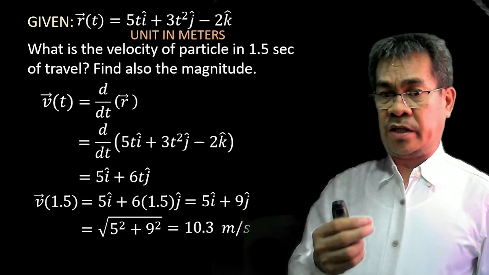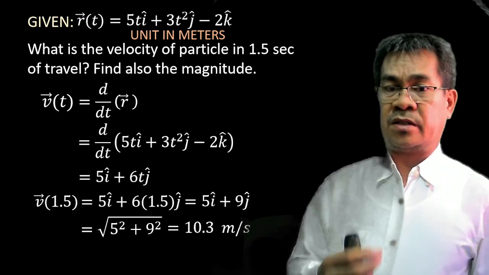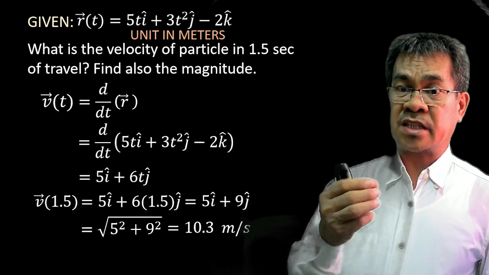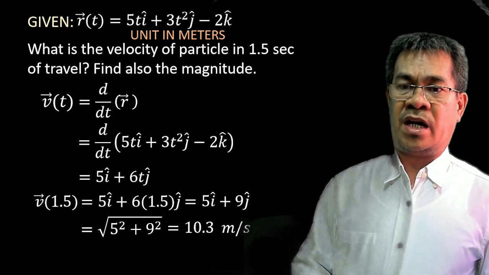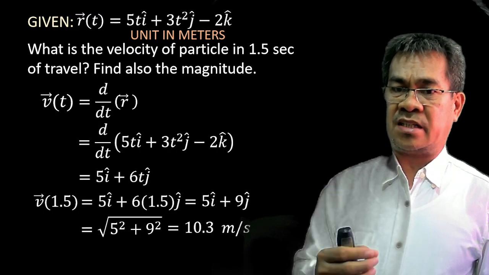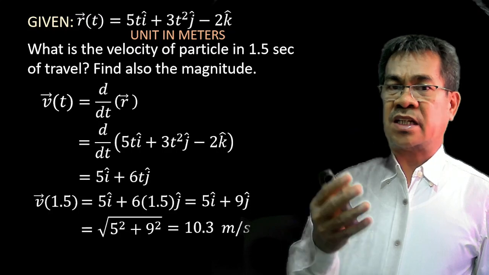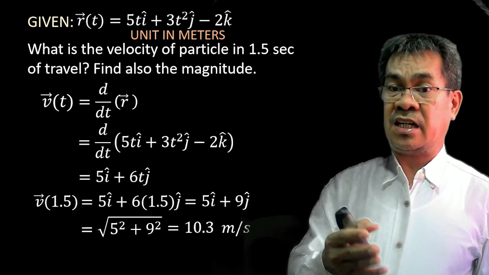We will come up with 10.3 meters per second. This is the magnitude of the instantaneous velocity, while 5i hat plus 6tj hat is the instantaneous velocity at any time.